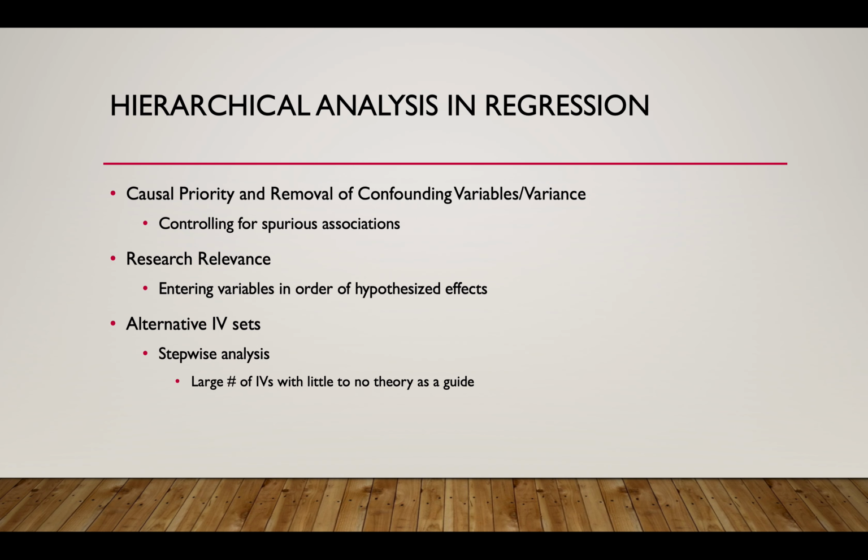The causal variables have to do with the basic research relevance, right? Your book makes a case for ordering your variables in your steps in order of the hypothesized effects, because you can, as the chapter later points out, have very, very high numbers of independent variables. And in fact, sometimes we have a ton of independent variables and we don't know exactly which way these things should be entered.